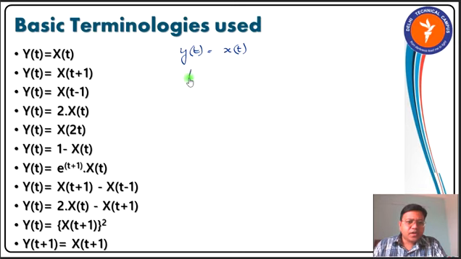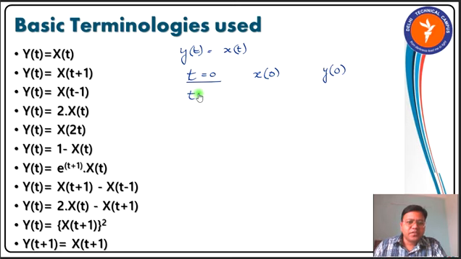Say t equal to 0 is our reference instant. Then at t equal to 0, what will be the input? Say input will be x of 0, that is substituting t equal to 0, and with this equation I can get the output as well. The output will be y of 0.